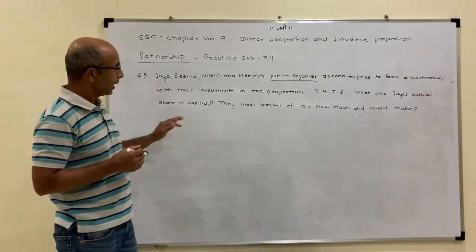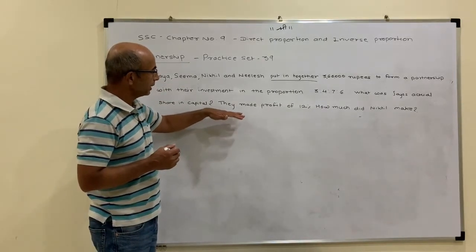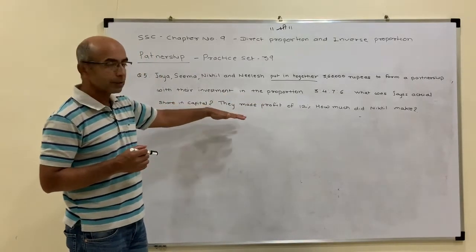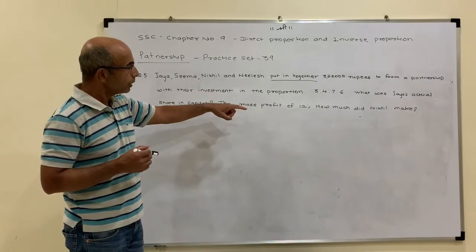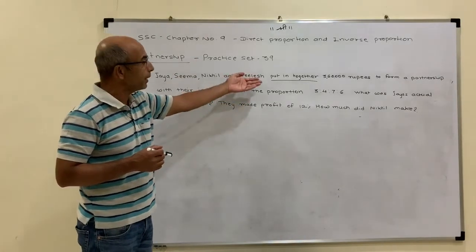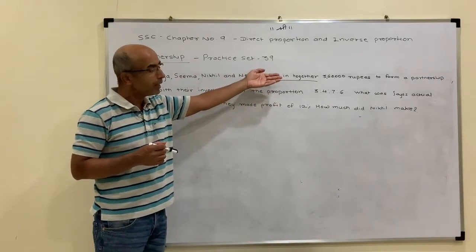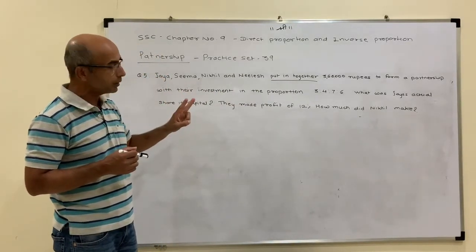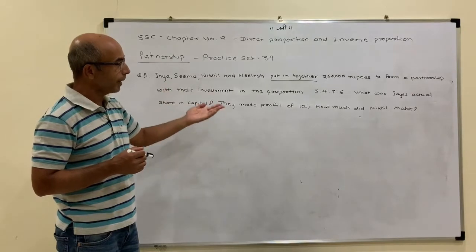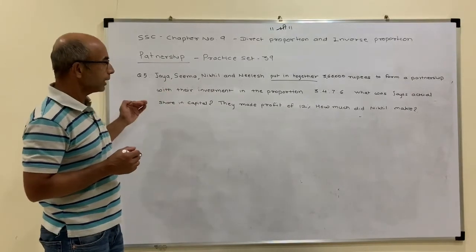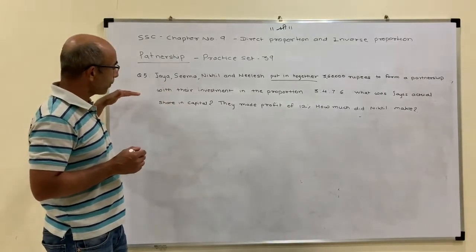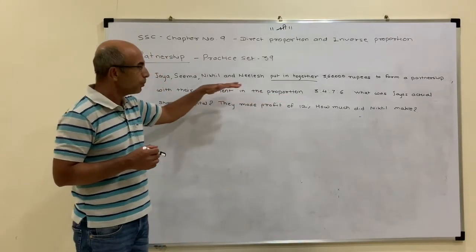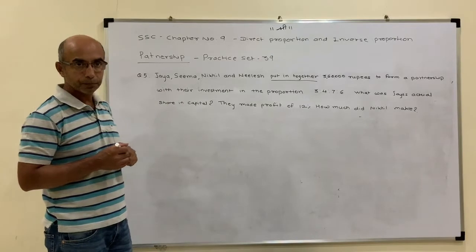Then the second part of the question, they made a profit of 12%. 12% on what? 12% of the together capital they invested, that is 3,60,000. And then what we need to find out, second answer, is how much did Nikhil make? So we know by this time that in the proportion in which the investment was made, in a similar proportion they will be making the profit.